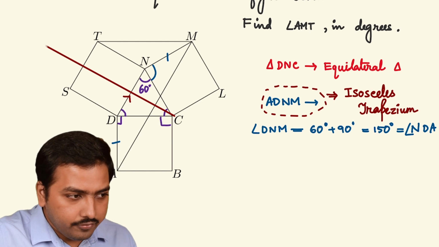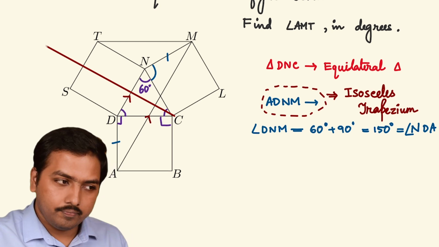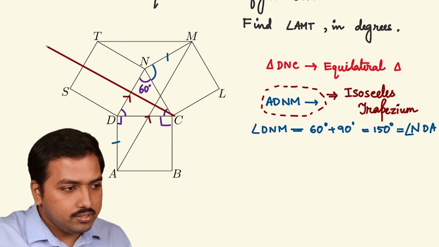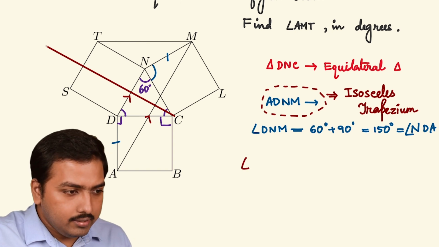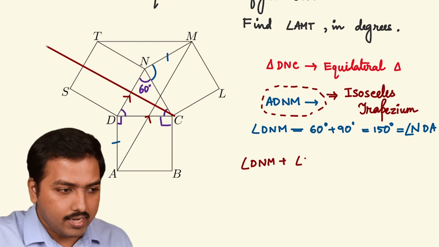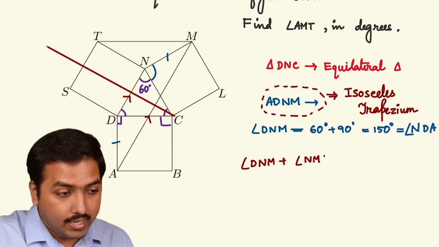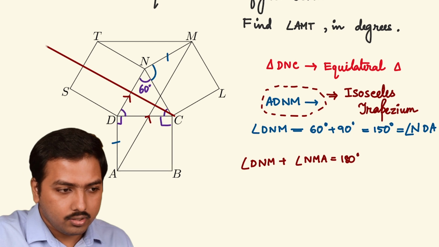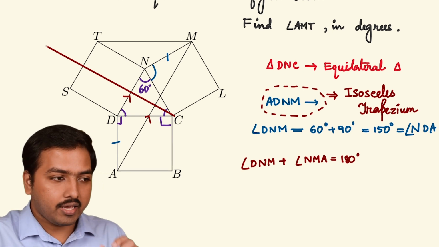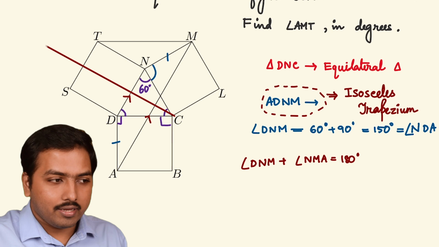Okay, now it is easy to conclude that these lines are parallel to each other. That's the first thing. That means the sum of angle DNM plus angle NMA has to be 180 degrees, the sum of co-interior angles within two parallel lines.